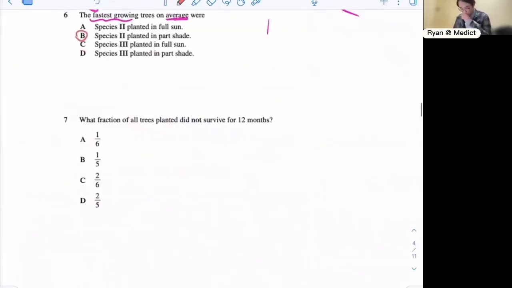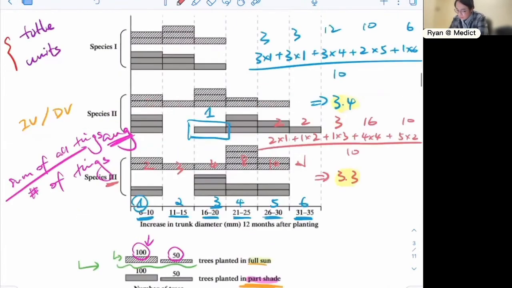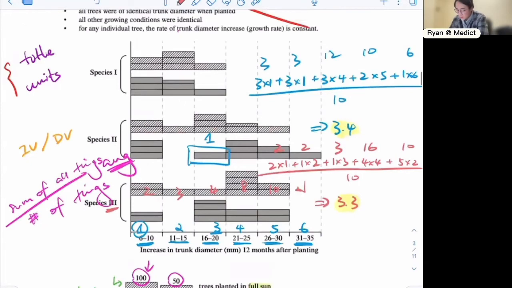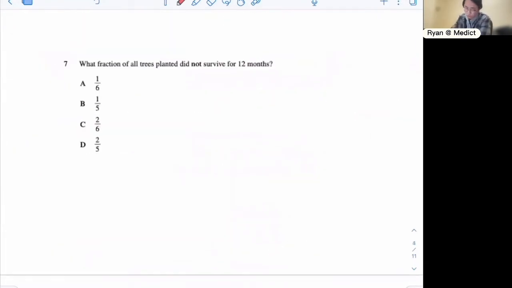And also the last question. What fraction of trees planted did not survive for 12 months? This is something new. So trees that have not survived. All the trees that are represented in the graph must mean that they have survived, right? So how do we calculate a fraction? We know that a fraction requires what?